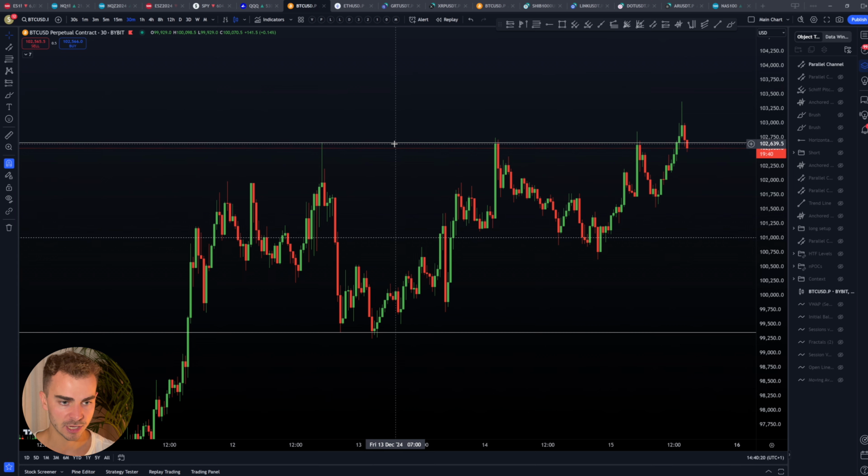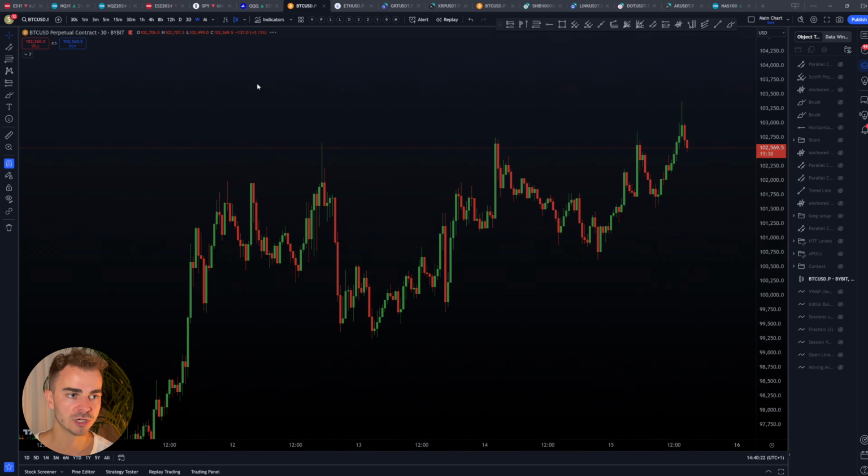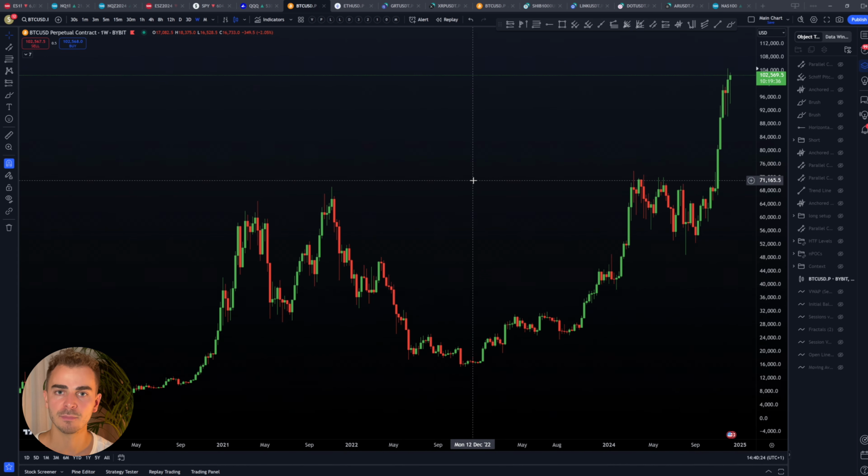For us as traders, it's always very important to look at high time frame highs and lows. So with that, we can look at a high time frame chart such as the weekly time frame here on Bitcoin.